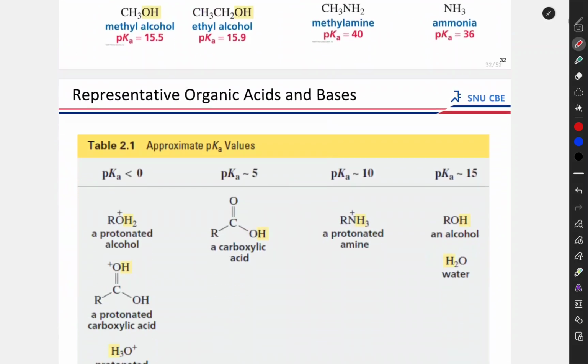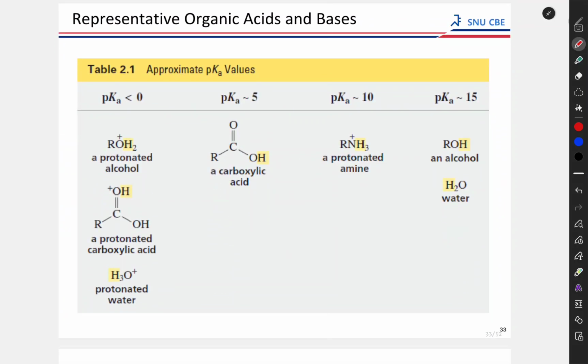This is the approximate pKa value table. The protonated alcohol, water, or carboxylic acid are very, very acidic, with pKa below 0. Whereas the carboxylic acid, the neutral form, has a pKa value of around 4 to 5, and protonated amine around 10, and the neutral form of alcohol and water is 15 or 16. So you'd better know these numbers, and then you can guess whether these species must be acidic or basic.